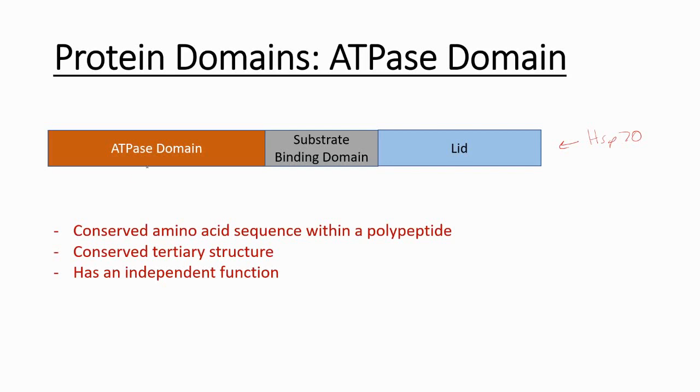In HSP70, the ATPase domain will bind to ATP and hydrolyze it. Heat shock protein 70 is very important in the process of protein folding. It's what we refer to as a chaperone. What chaperones do is they aid in protein folding.